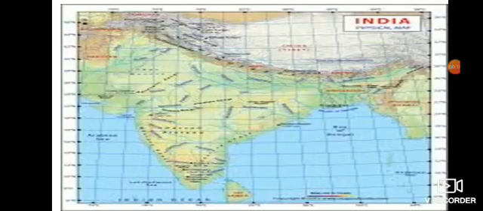Some physical maps use colors and shading to show elevation, to show how high the land is above sea level. The map key tells you a set of colors that stand for the various elevations above sea level.